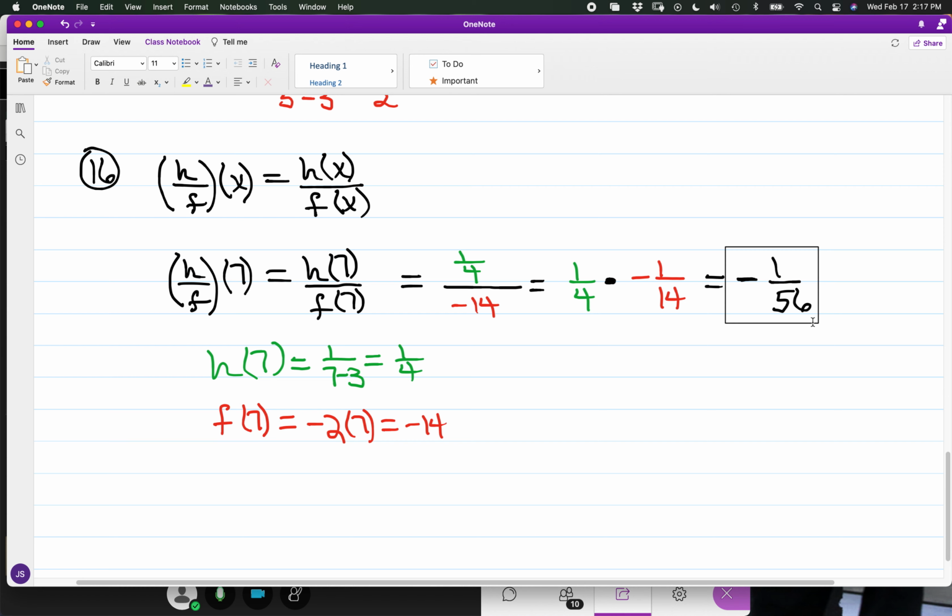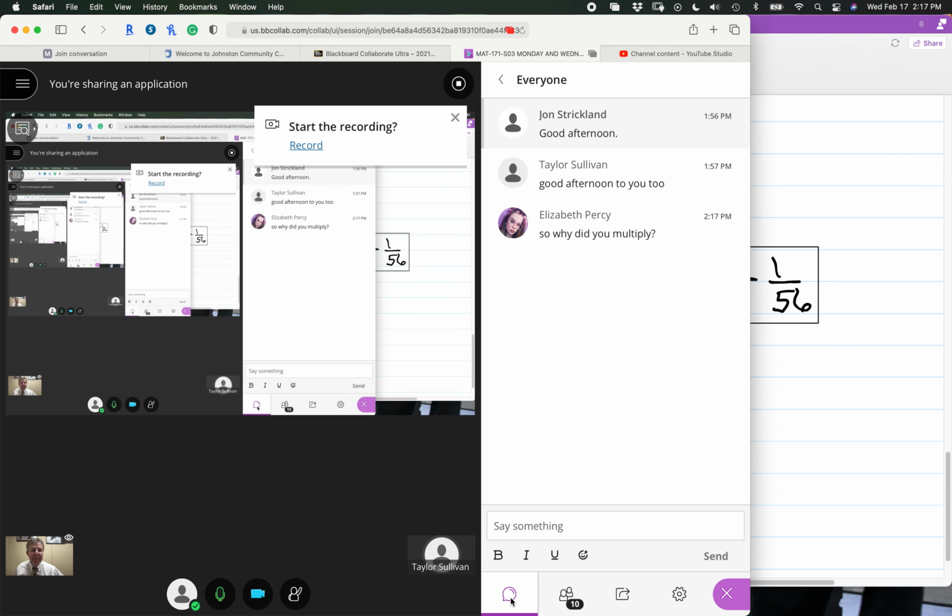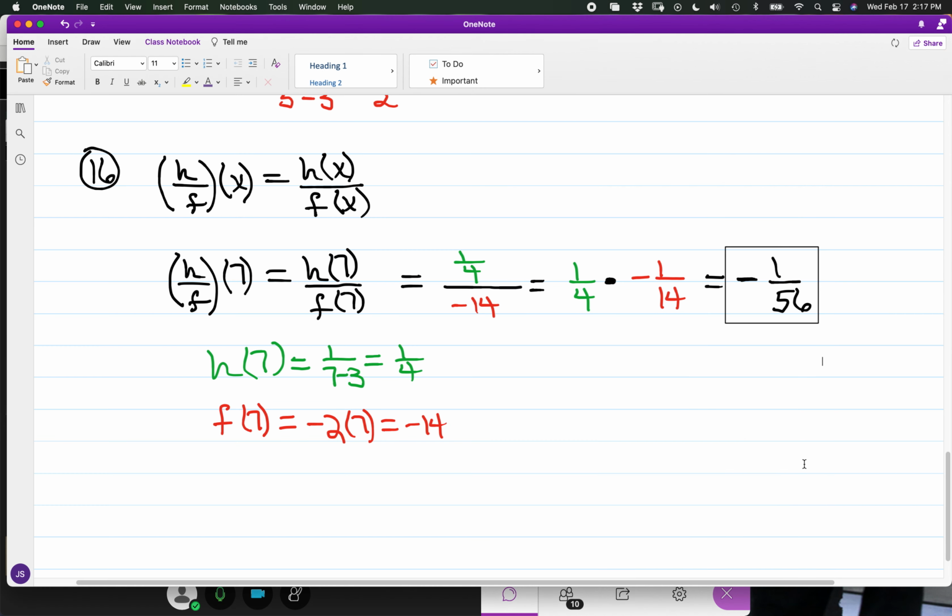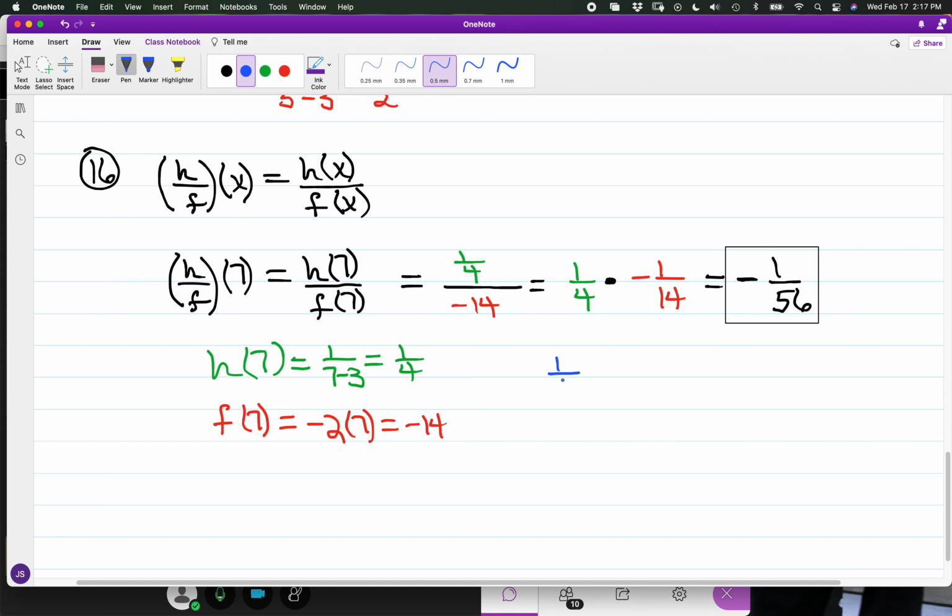Now, what I did here, because I had 1/4 divided by negative 14, another way you could have gone about this, say 1/4 divided by negative 14, I wanted to make this into not a fraction over a number or a number over a fraction.